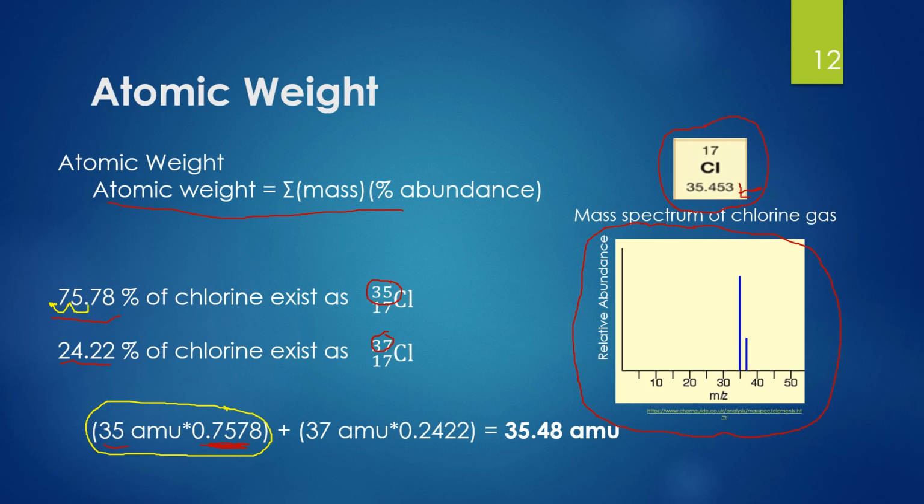You then take that and you add it to the chlorine 37 isotope multiplied by its abundance, which in decimal form is 0.2422. Once you complete the calculations, we end up getting 35.48, which is close but not exact to the atomic weight represented on the periodic table.